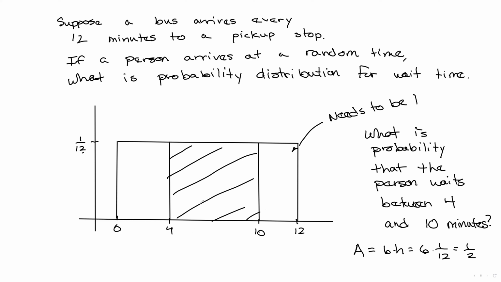So that's an example that you could actually do by hand, calculating a probability with a continuous distribution using an area. It's a weird idea, but it can be done. But again, in future sections, we're going to have more complicated data than this.